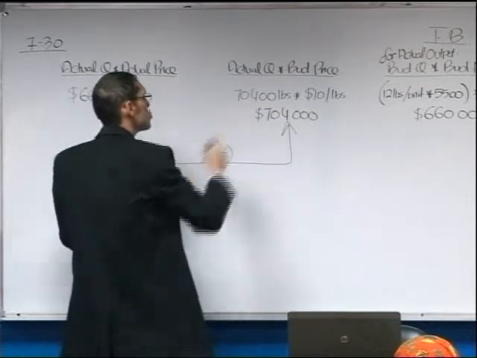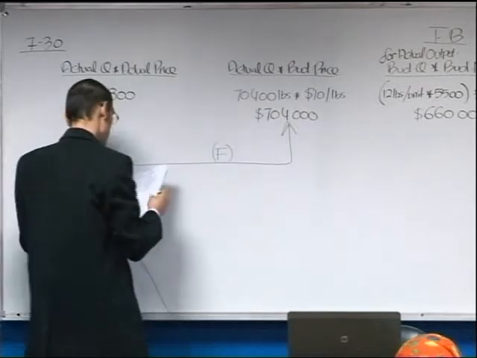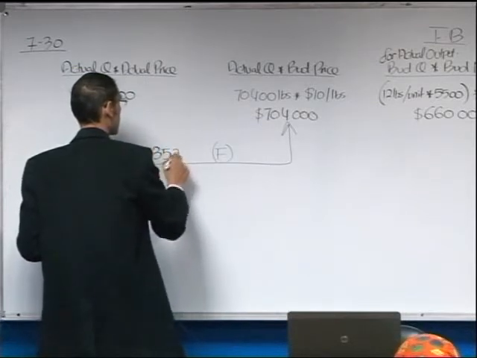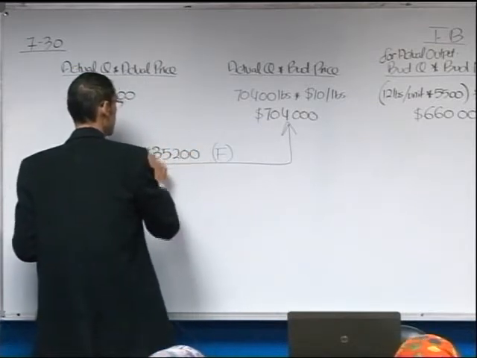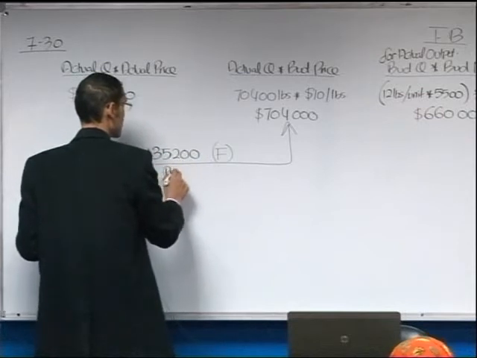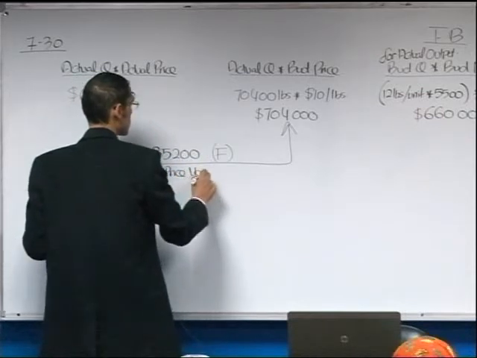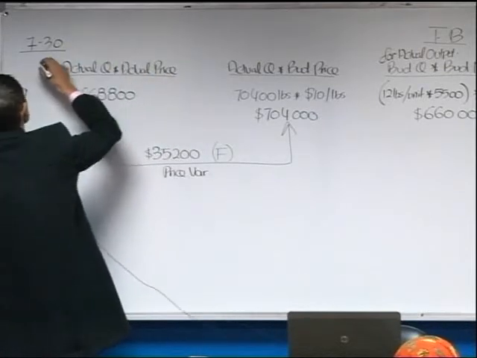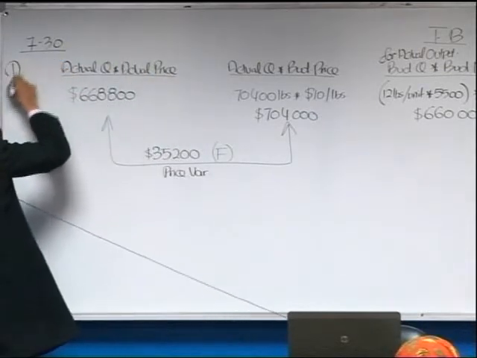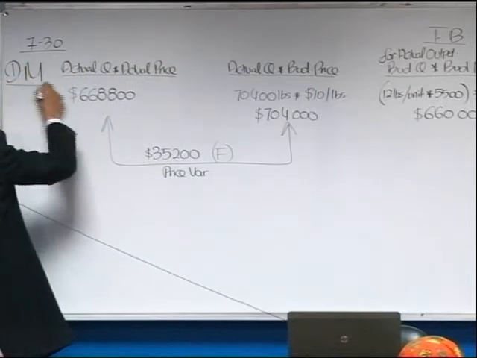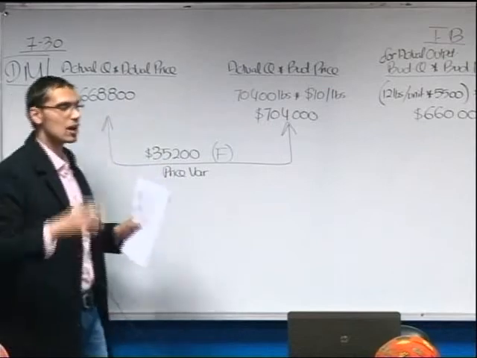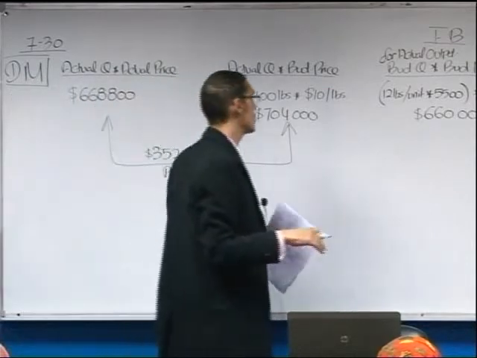Of course, the difference between the two would be $35,200, which is the price variance. Of course, we need to designate that this variance analysis is for the direct materials in order not to confuse our analysis for the direct materials with the direct manufacturing labor.